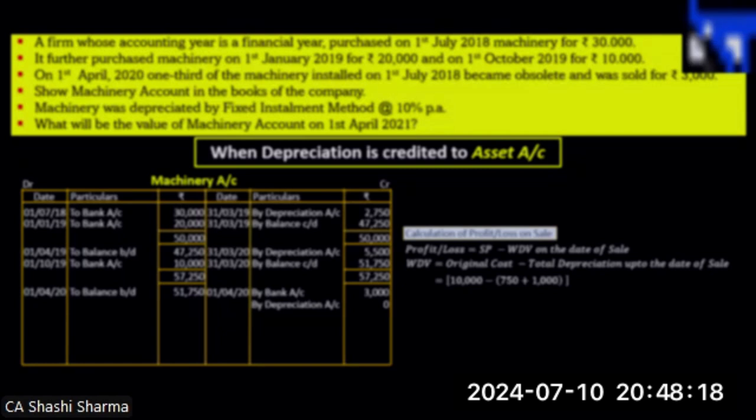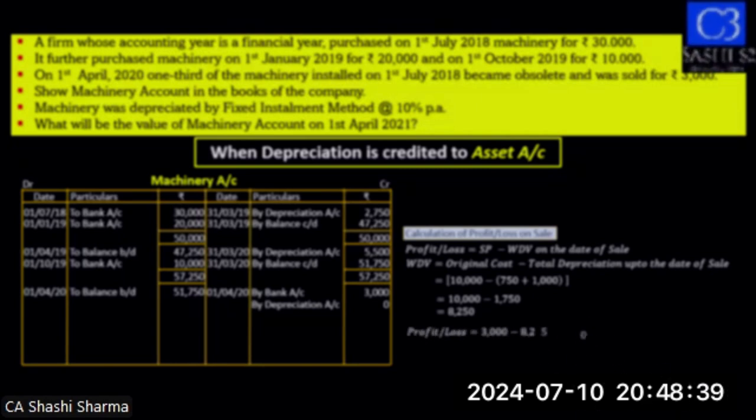After deducting this amount, we get the value of the machine as 8,250. And this machinery has been sold for rupees 3,000. So the first formula will be used: profit or loss equals 3,000 selling price minus 8,250, which means there is a loss of rupees 5,250.